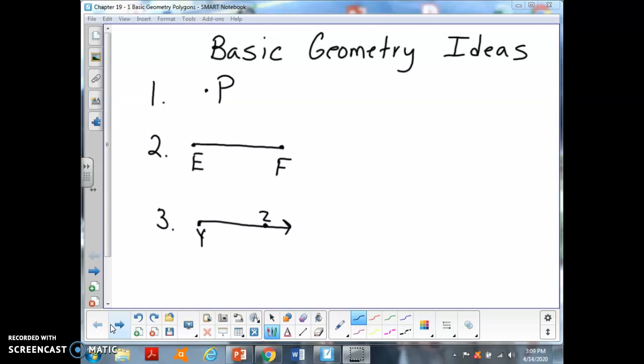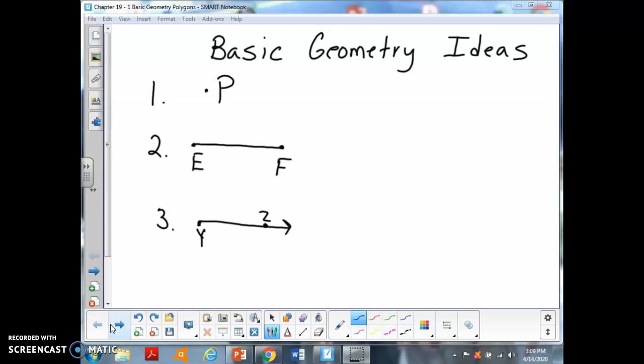A segment begins at a certain point and ends at another point. Toward the end of the video, we'll go into polygons and the different names of the polygons found on page 451. So today we're working on basic geometry ideas and how to label them.